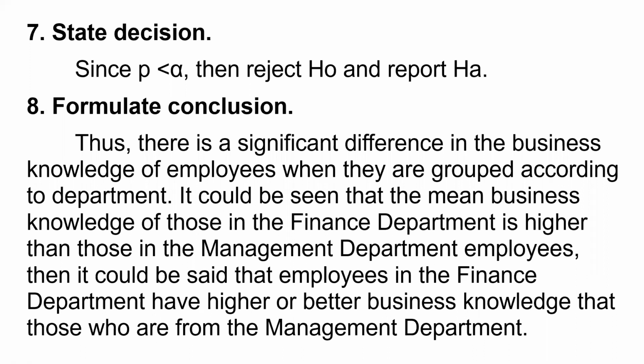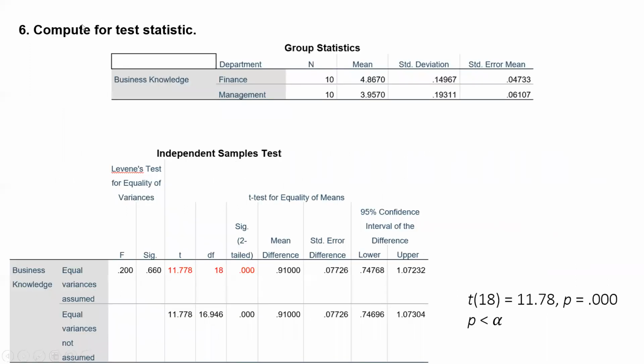That's why I copied the alternative hypothesis or the HA earlier, and I wrote here, thus, there is a significant difference in the business knowledge of employees when they are grouped according to department. And take note, if there is a significant difference, I will actually require you to go back to the means. You could see here that finance has a higher mean than the management group.